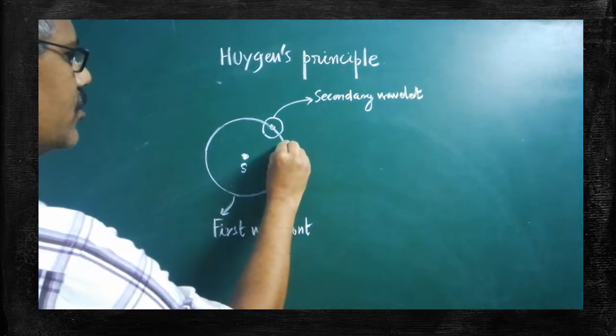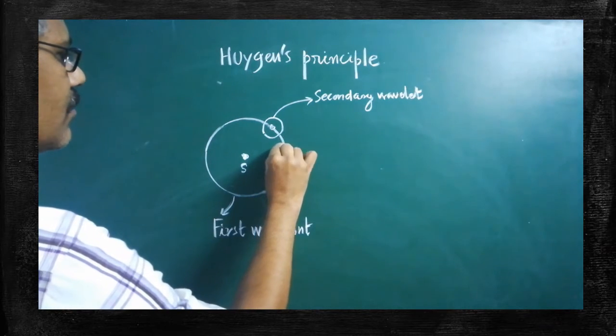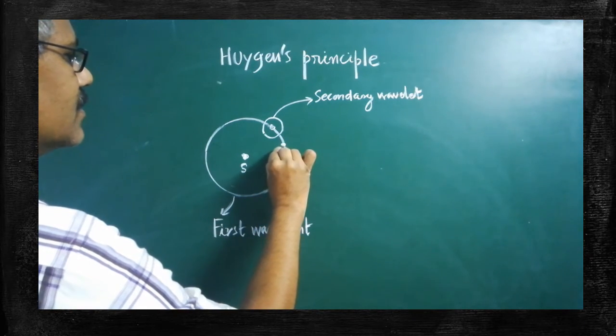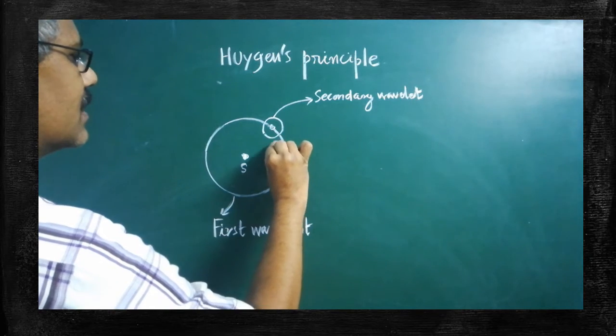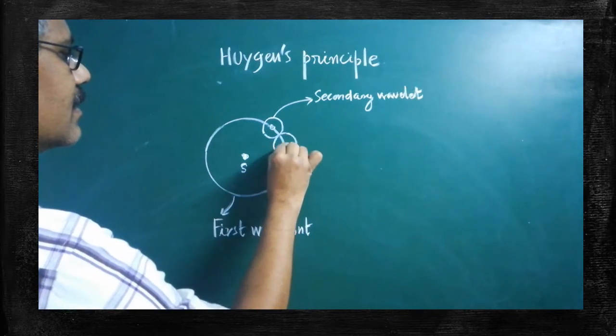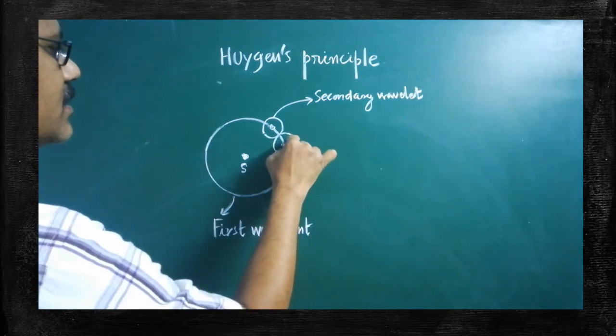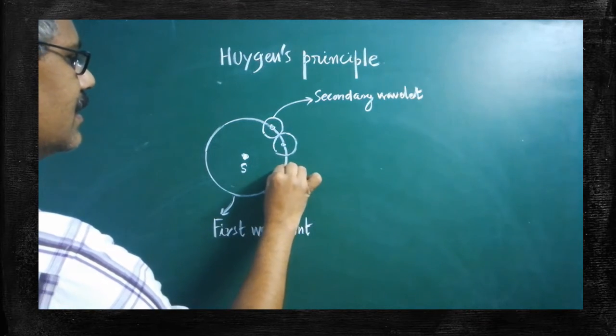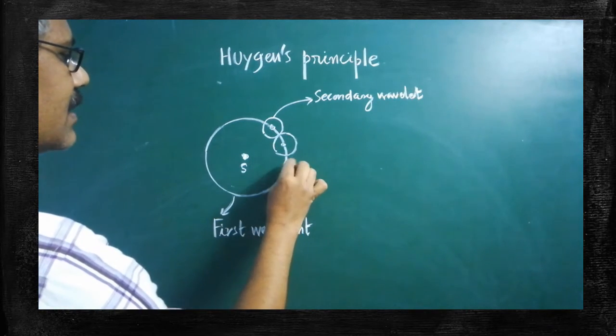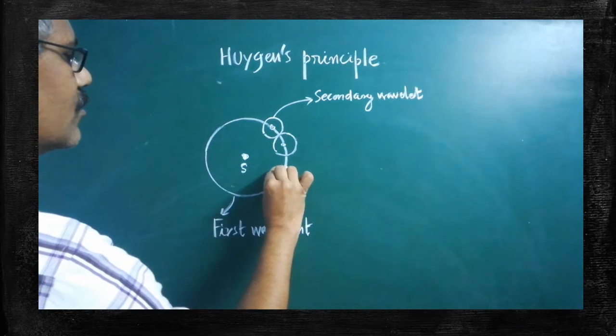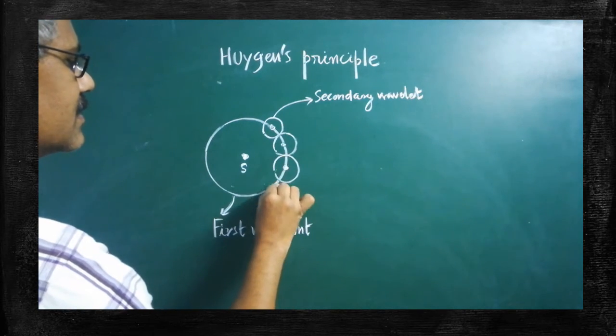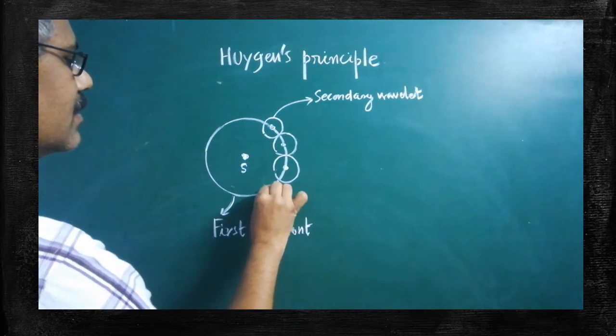Now I am going to put another marking point on the wavefront. This one will act as a source of a secondary wavelet. So this one is also called a secondary wavelet. Like this, put a marking on each point, and each one will act as a source of a secondary wavelet.